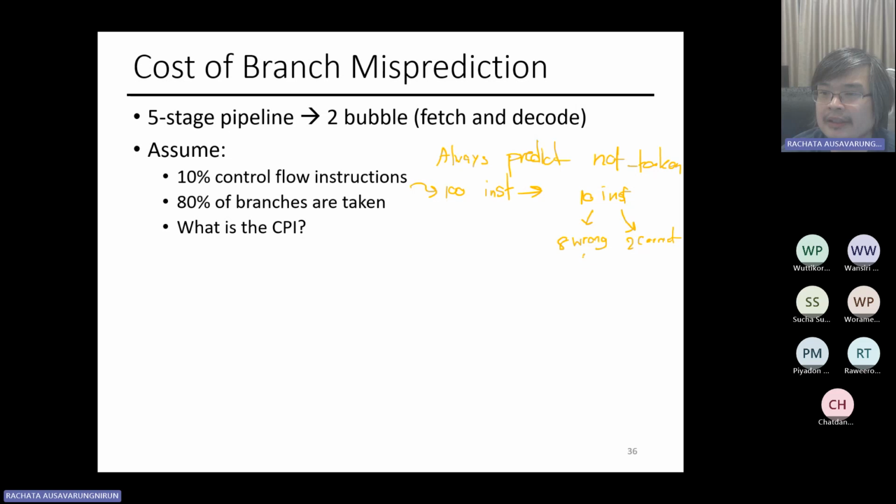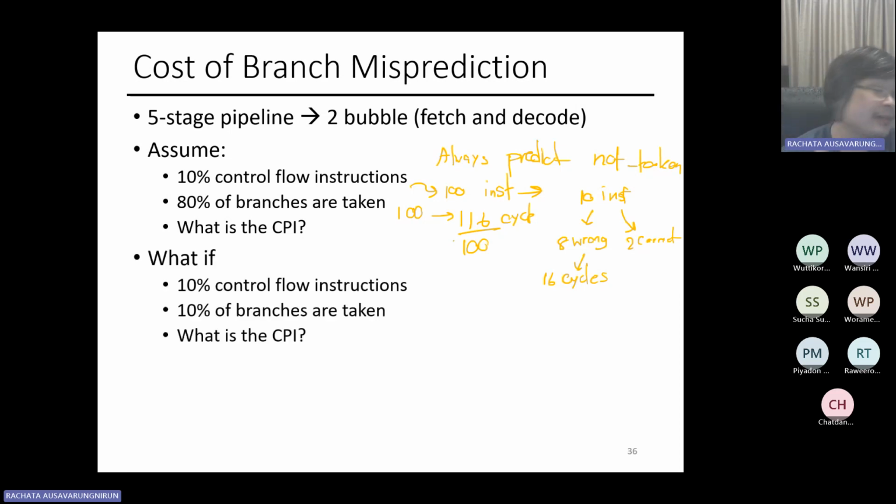So for these 8 wrong outcomes, you insert 2 bubbles each, so this is 16 cycles, right? So from 100 instructions, you're going to finish this in 116 cycles. Your CPI is essentially 1.16 instead of 1. So you're basically performing 15% worse. Now, if you predict correctly most of the time, in this case, again, 100 instructions, right?